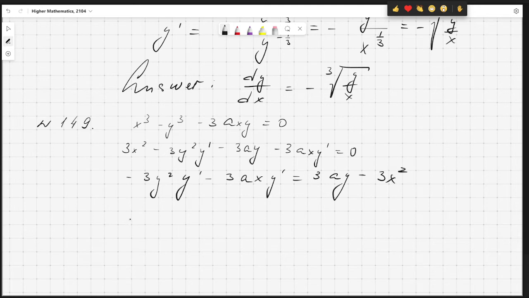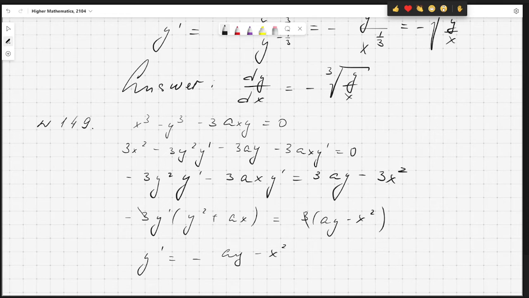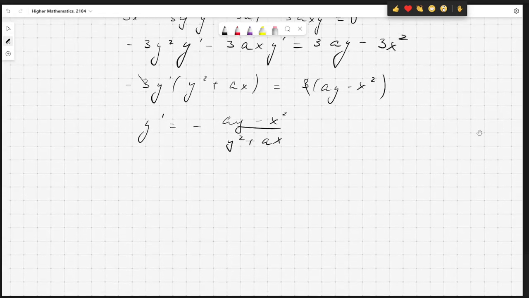Maybe minus 3y prime, here y squared plus ax equals 3ay minus x squared. And we will have y prime equals minus ay minus x squared over y squared plus ax. Okay. This is the answer.